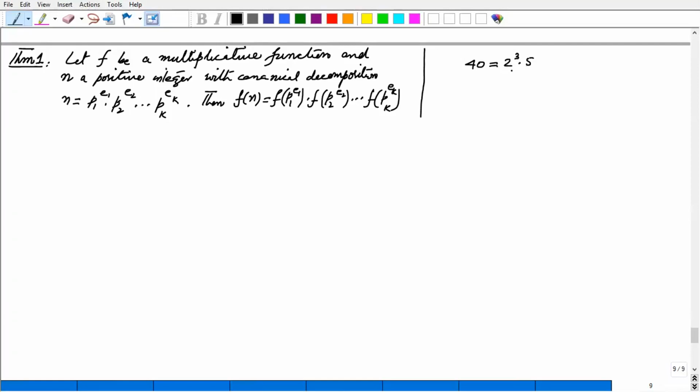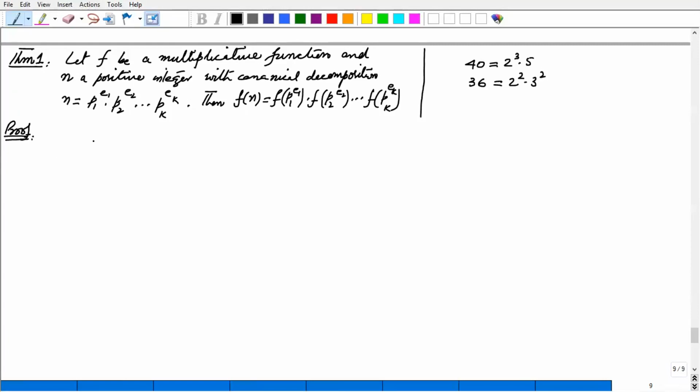So this is canonical decomposition. For example, for 36, we write 2 square times 3 square. So that's the canonical decomposition of 36. Okay, it means prime factorization. Okay, look at the proof of theorem 1.